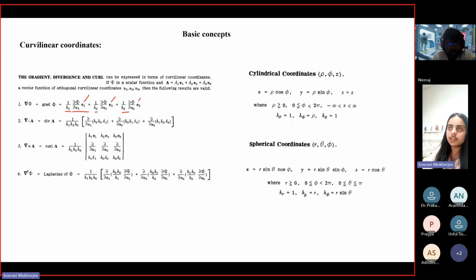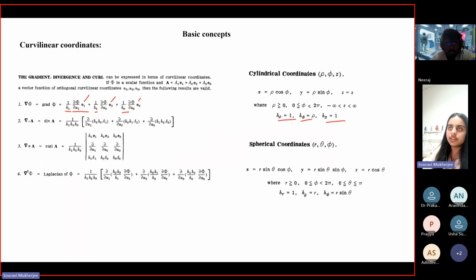Now you want to go from rectangular to some other coordinate system where there is a scaling. For the cylindrical, we just derived that the scaling is h rho, h phi, and h z, which is 1, rho, and again 1, right? So once you get that 1, rho, and 1, now you can replace it here, right?